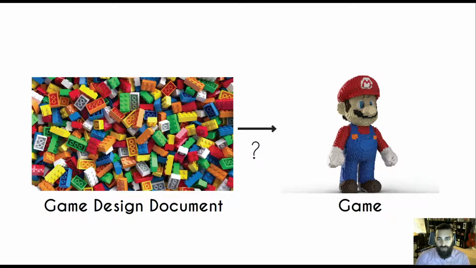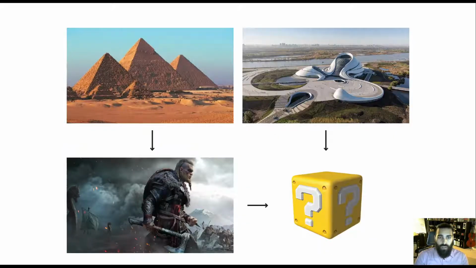Now, there is never going to be a substitute to playing a game, the same way that there is never going to be a substitute to experiencing a building firsthand. But just as the blueprint of a building gives us a really good idea of how it's going to be built and come together, I think we need that equivalent for game design. And that is not to say that we haven't been able to make great games with the current tools that we have.